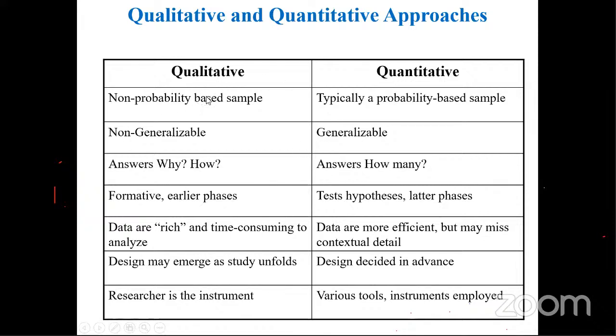So qualitative information is non-probability; we don't consider any probability here, whereas quantitative is probability based sampling. We cannot generalize this qualitative information to any other things. It answers why and how.